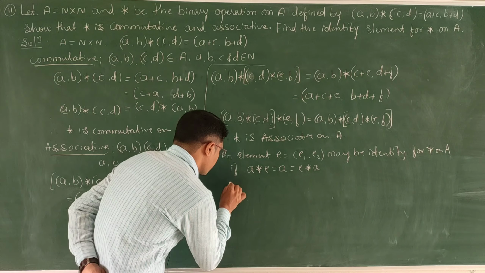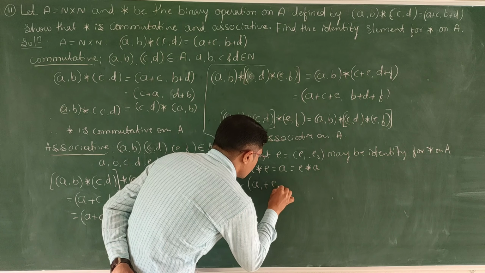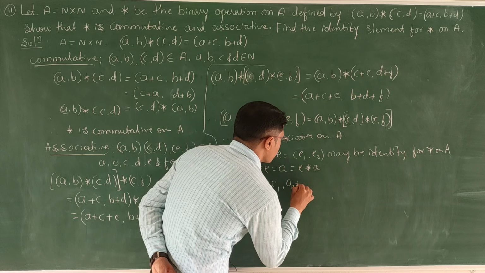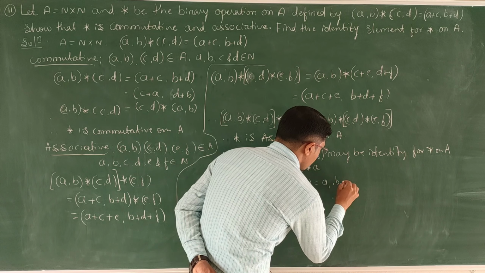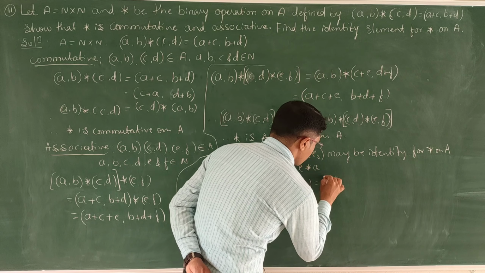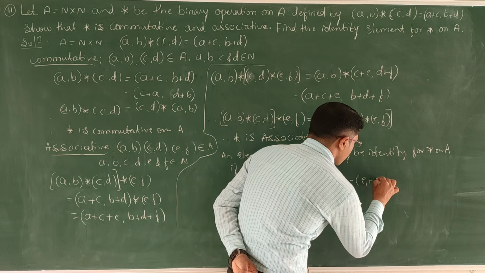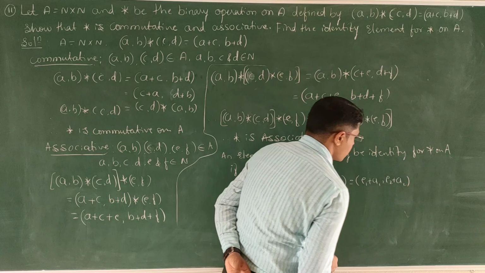That is, (a1 plus e1, a2 plus e2) equals (a1, a2), which equals (e1 plus a1, e2 plus a2).